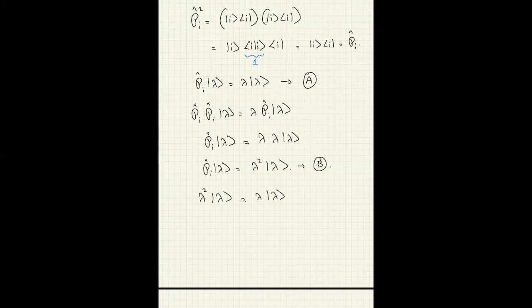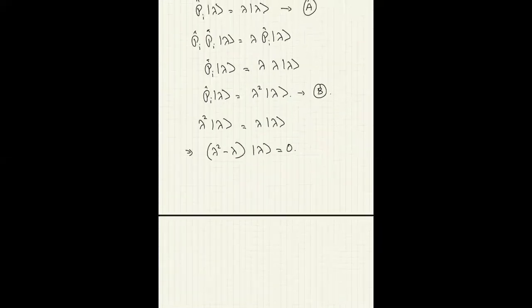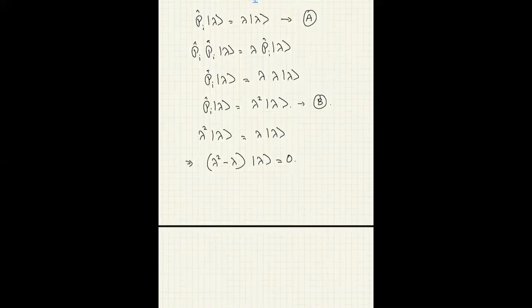But since the ket is non-zero, this implies that (lambda squared minus lambda) acting on |lambda> is equal to 0. Since the ket is non-zero, we can only conclude that this part is equal to 0. That is the only way in which this equation can hold.